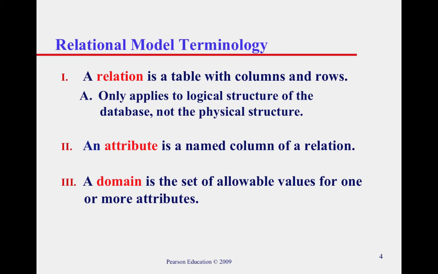Okay, so this just gives you the same information that I was just talking about. The one thing, the term at the bottom, a domain, is the set of allowable values for an attribute. It's like the declaration of a type for a variable in a programming language.